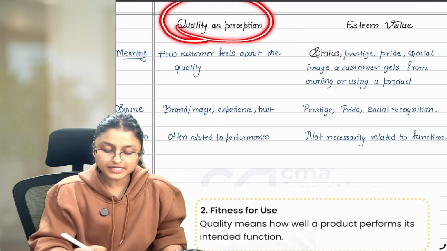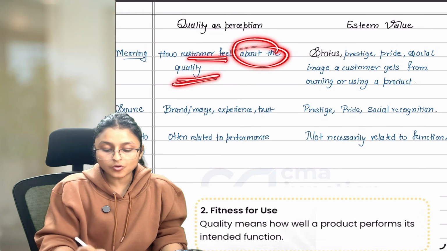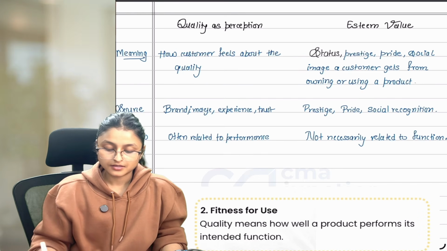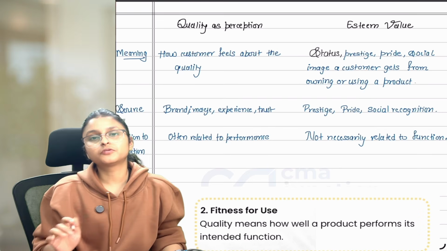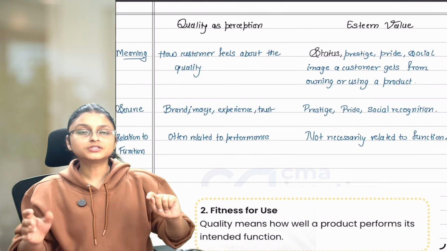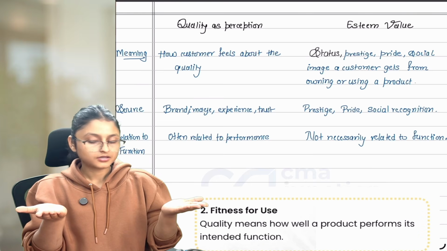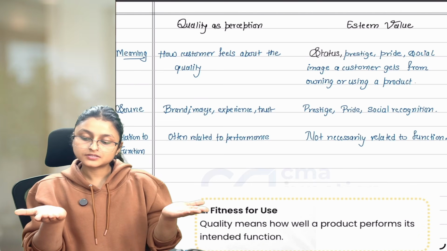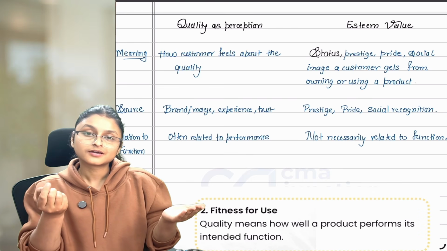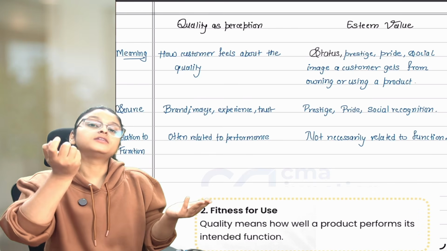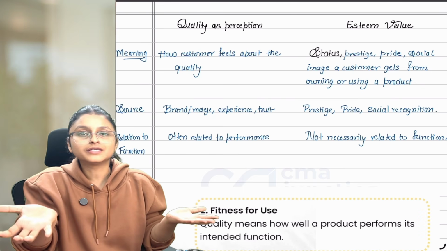When we say quality as perception, we mean how the customer is feeling about the quality. This is often related to performance. Think about it. When you decide between Bisleri or a local branded product, are you deciding on the basis of which one gives you reputation or status, or which one gives you extra quality? You are deciding on the basis of performance or more quality, right?